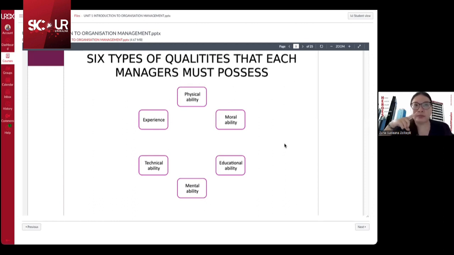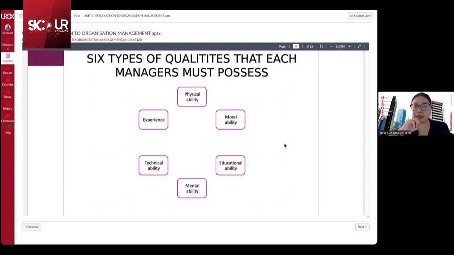The first category is technical skill. The second is conceptual skill. And the third is interpersonal skill. If we look at the 6 types of quality here, there is one shortcoming, which is interpersonal skill, towards people.